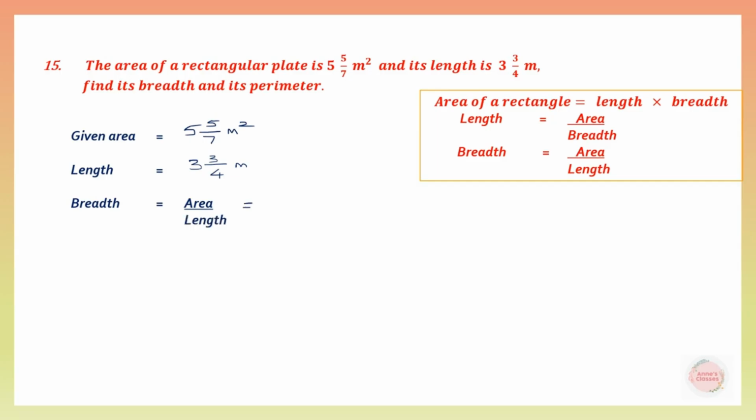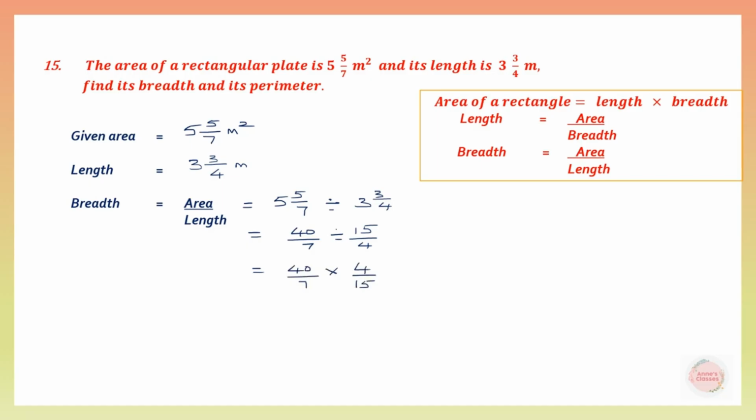So area is 5, 5 by 7 divided by length, which is 3, 3 by 4. So now here 7 fives are 35 plus 5 is 40. We are converting it to an improper fraction, divided by 4 threes are 12. 12 plus 3 is 15. 15 by 4. So this is equal to 40 by 7 into 4 by 15.